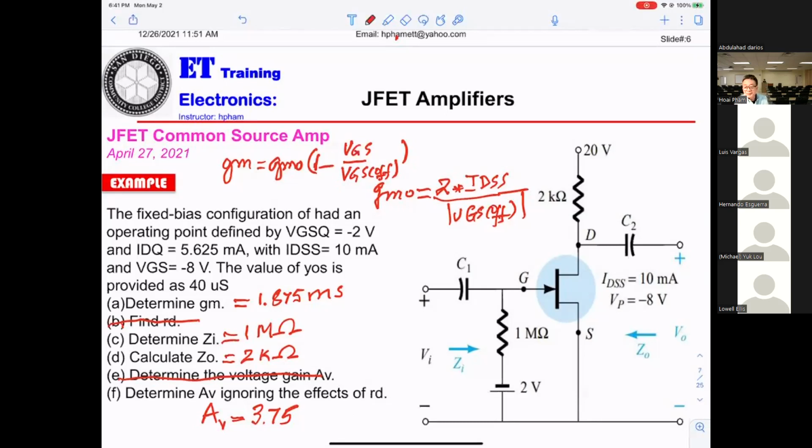And the JFET amplifier will depend on their circuit. In the program, that's all I want. When you look at the circuitry, you have to tell me.